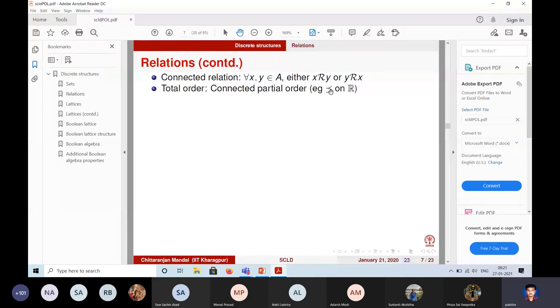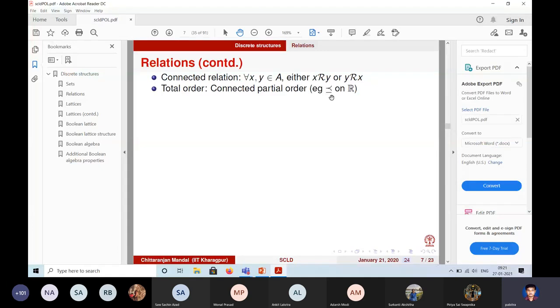It's better to write it as R, but sometimes for convenience we write it with this symbol. So instead of x R y, I will write x, this symbol, y.